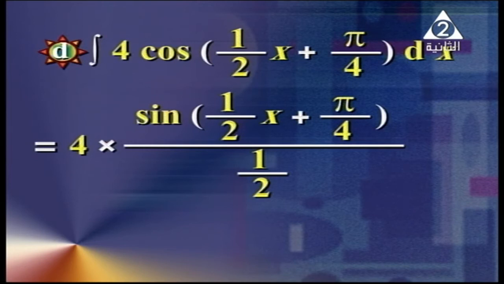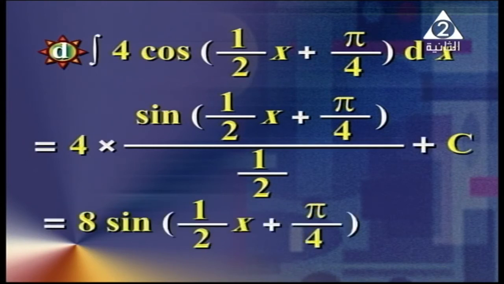Sine of the bracket, after that, divided by the coefficient of x, which is 1 over 2, plus c. Then the integration becomes 4 divided by half, which means 4 times 2, so 8 sine of the bracket containing x over 2 plus pi over 4, plus c.